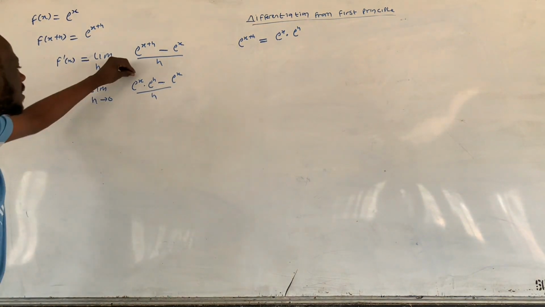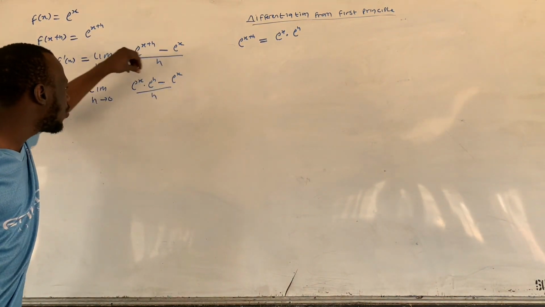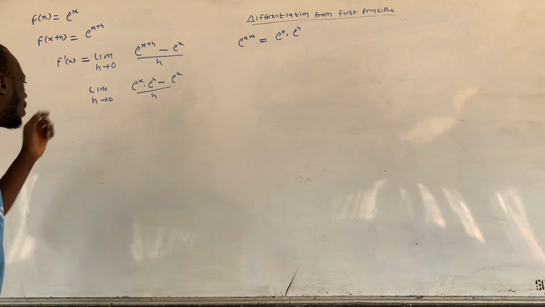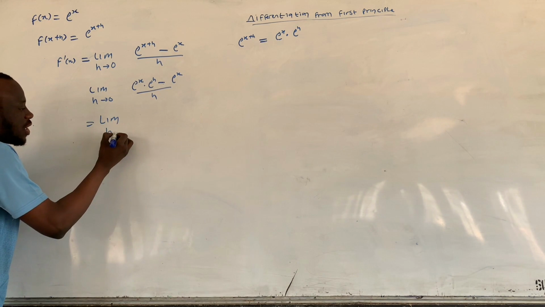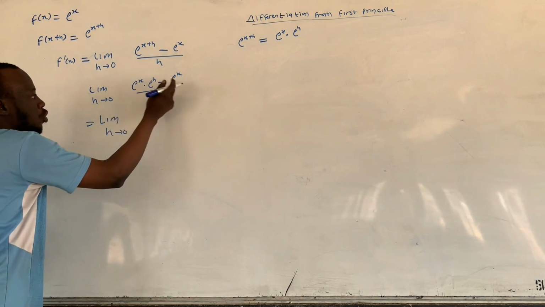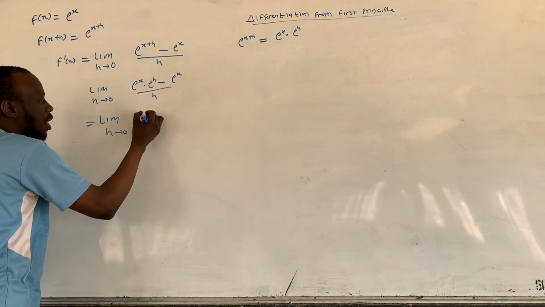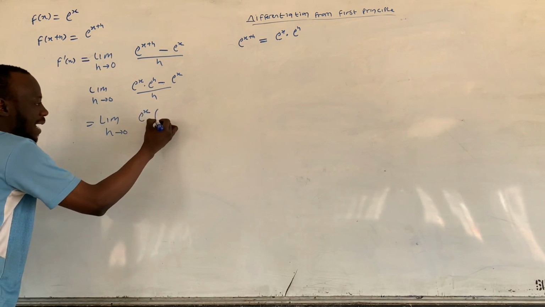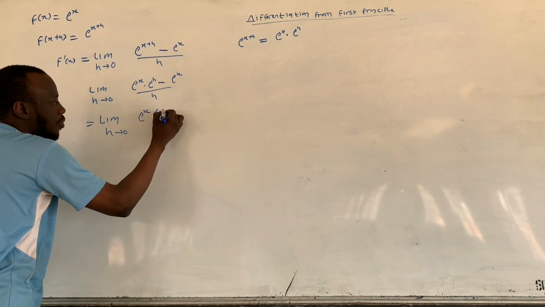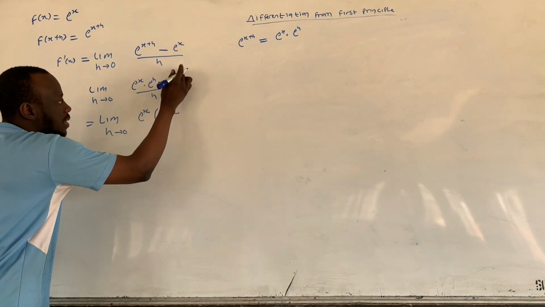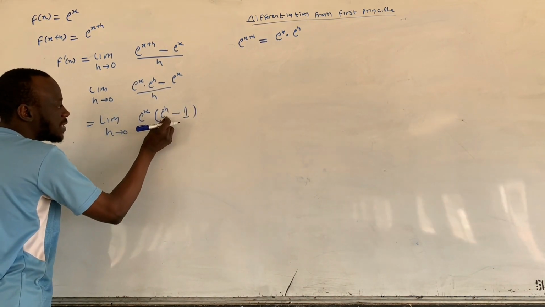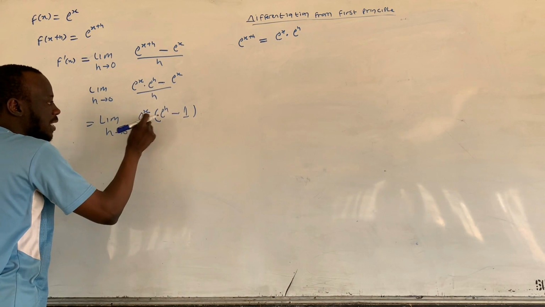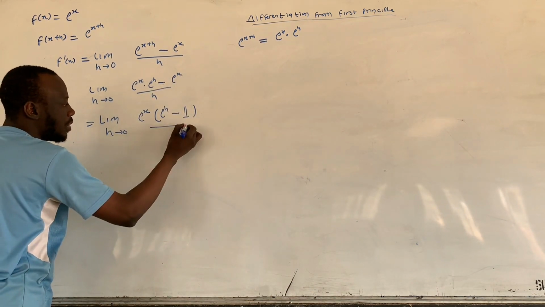So now e to the power of x is common, meaning we can factor it out. This leaves us with the limit as h approaches 0 of e to the power of x, bracket, e to the power of h minus 1, all over h.